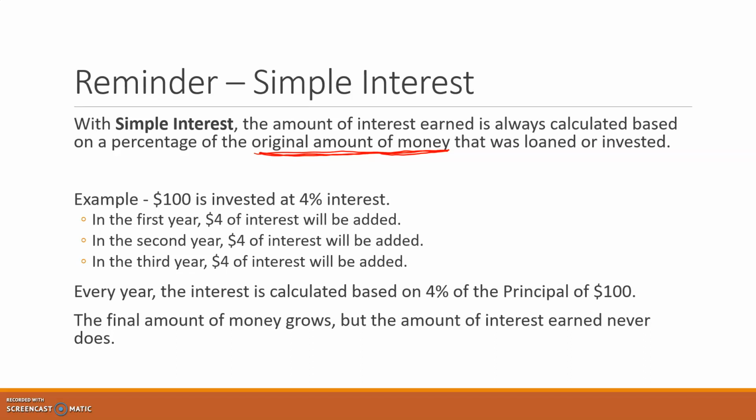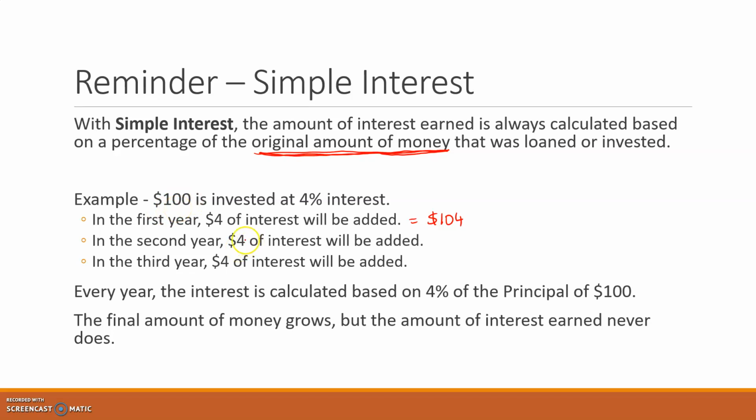So here's an example. $100 is invested at 4% interest. Okay, and if this is simple interest, that means in the first year, $4 of interest will be added because 4% of $100 is $4. So after that first year, we're at $104. Now, in the second year, again, we're just referring to the original amount of money to calculate our interest. So again, we get 4% of interest on our $100 original value.